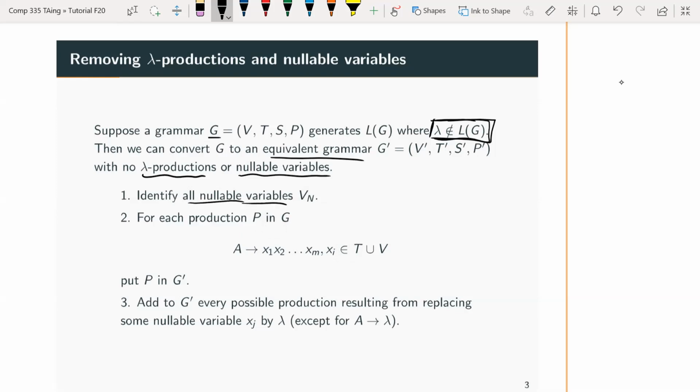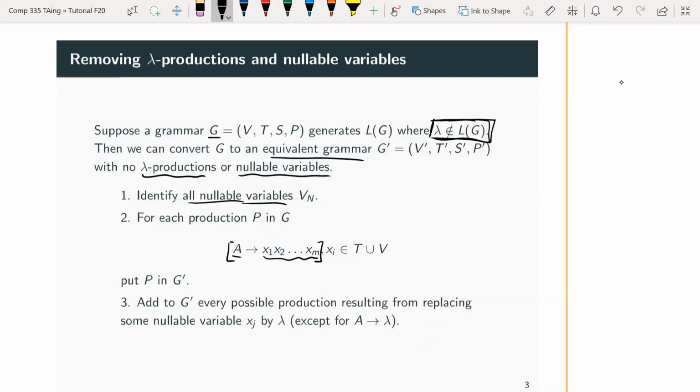As I said, all of the variables that you can get the lambda production from. Then for each production rule P that looks like A gives you some stuff, you're going to just add each of these production rules to your new grammar, G prime. So essentially, you're going to add everything except the lambda productions.